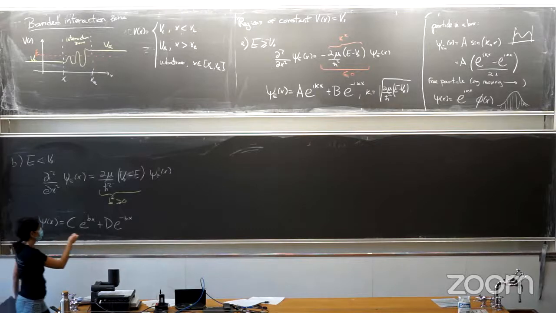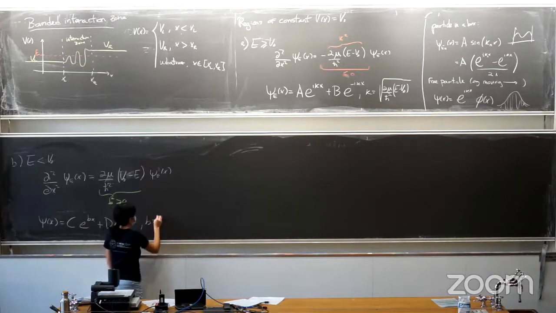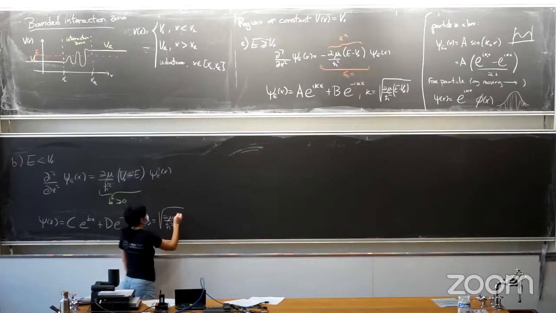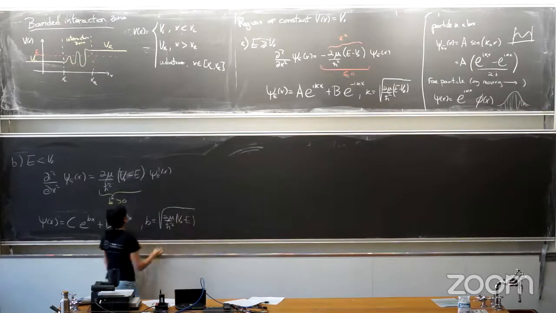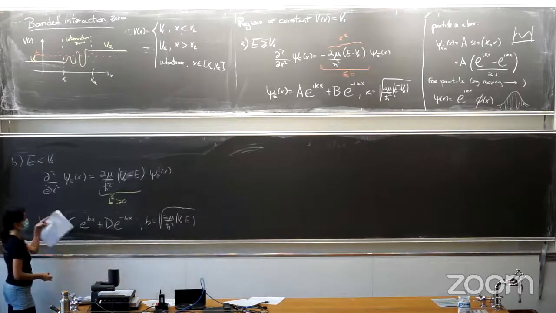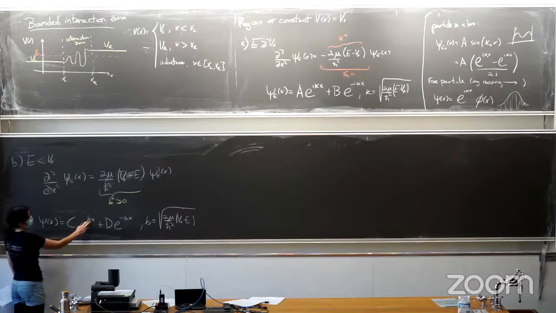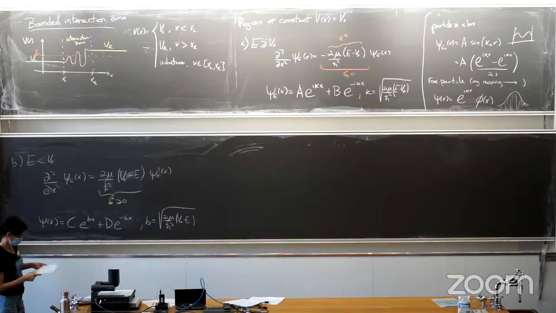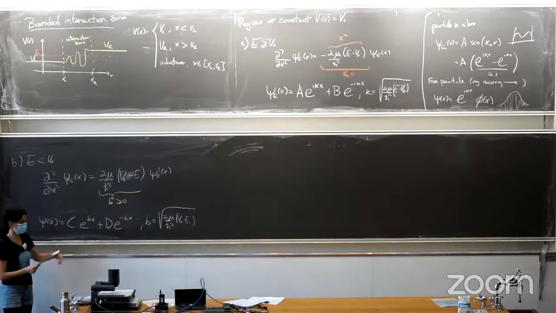With B is again the square root of this thing here, 2m over h bar squared, times V0 minus E. Right? And you can derive this twice. From the first time you get the B, then you get the B again. So you get that. Good. Again, these constants depend on the setting.